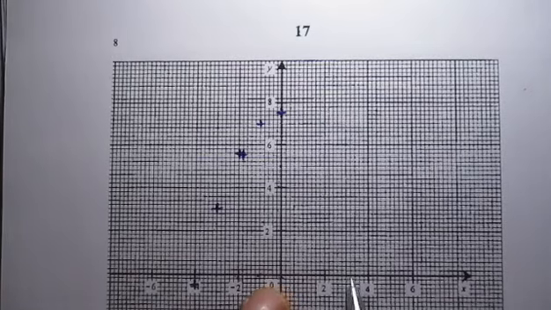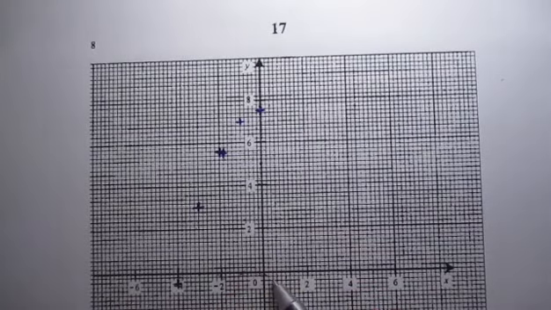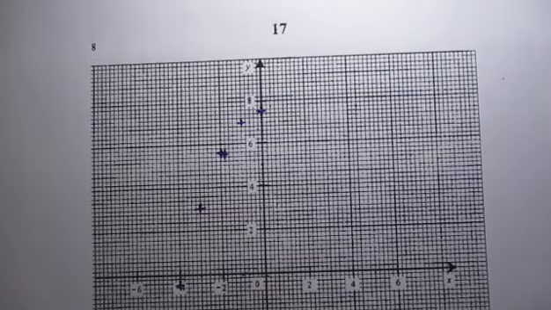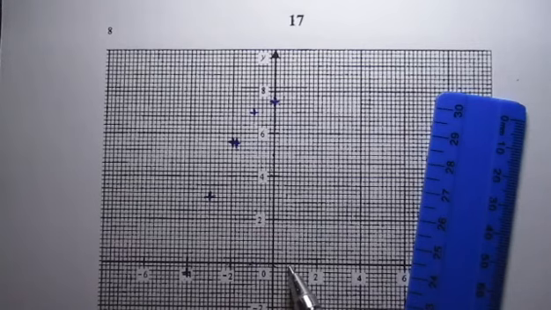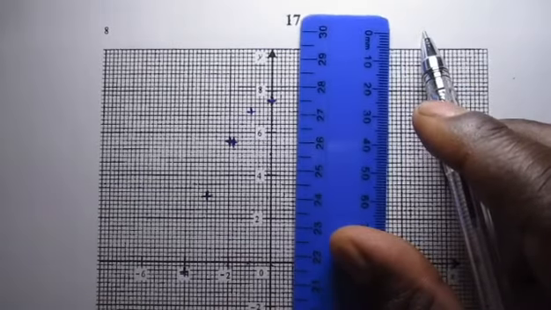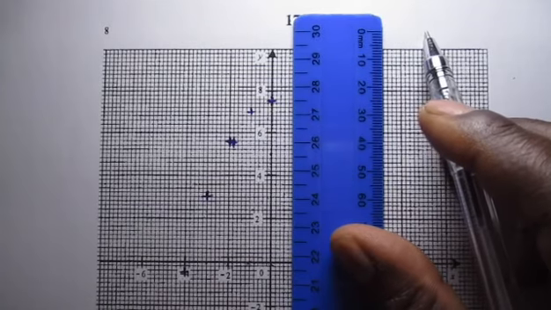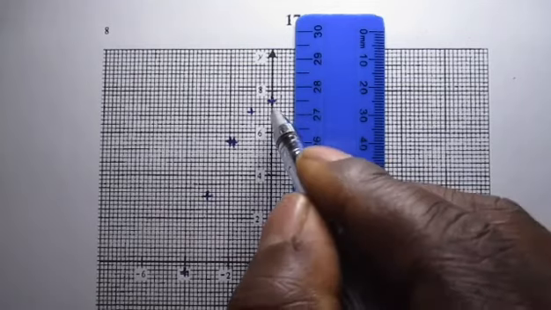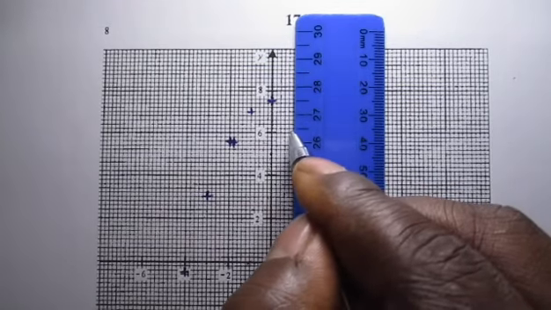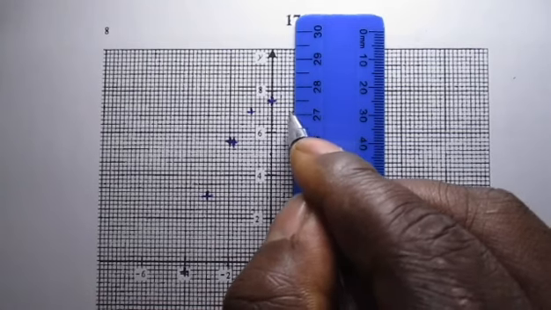Then 1 and 7. 1 is between 0 and 2. 1, 2, 3, 4, 5. This is 1. So let me use a ruler. So this is 1, right? To be aligned with 7. 7 is 5 small boxes above 6, 1, 2, 3, 4, 5.